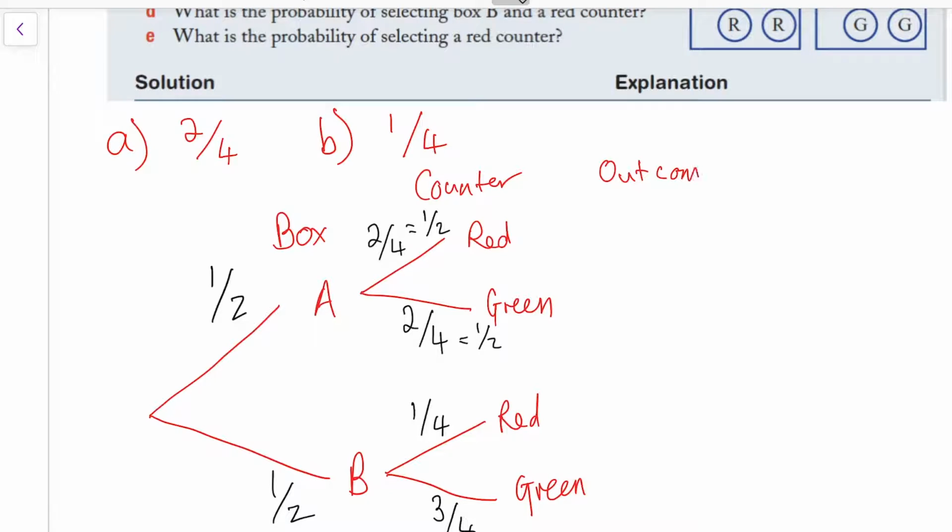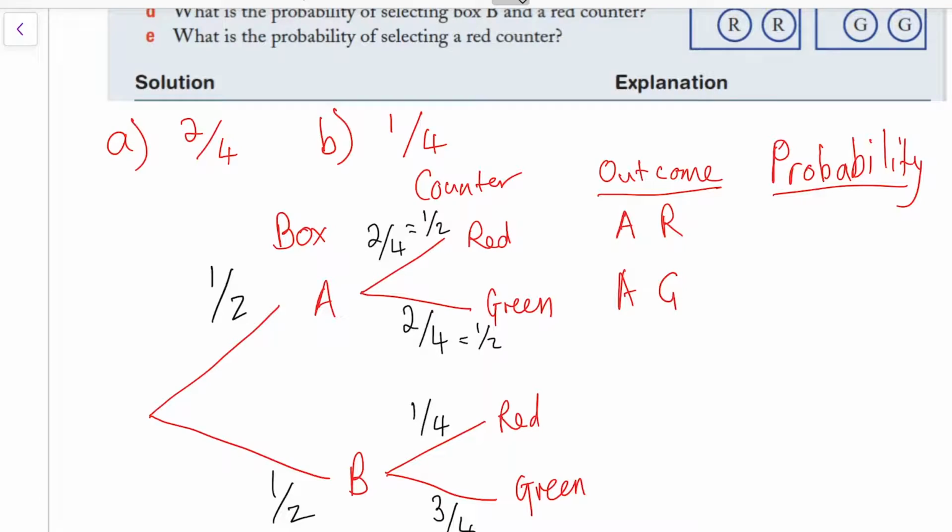And you can use abbreviations to help you so you're not wasting too much time writing the whole word out. So my outcome is box A and a red counter, box A and a green counter, box B and a red counter, box B and a green counter.